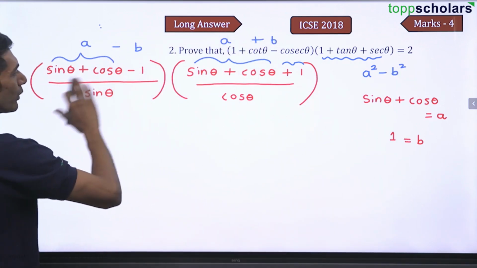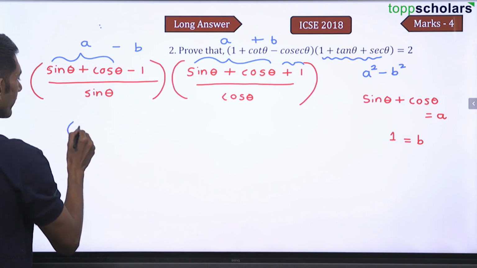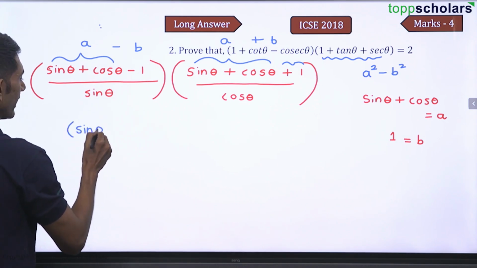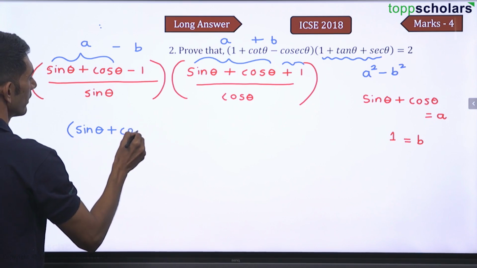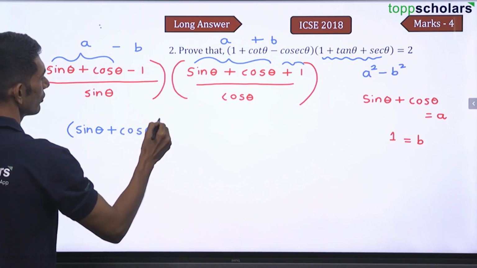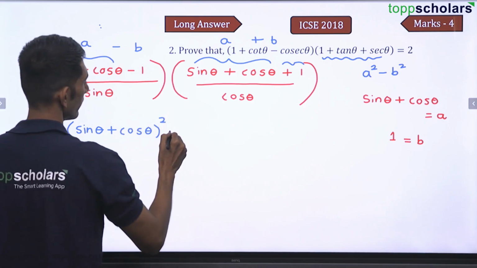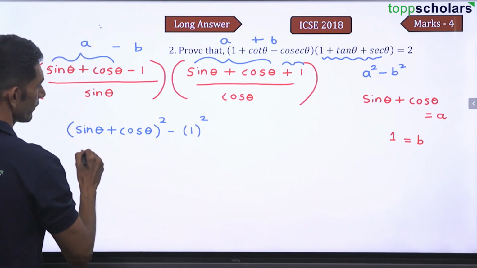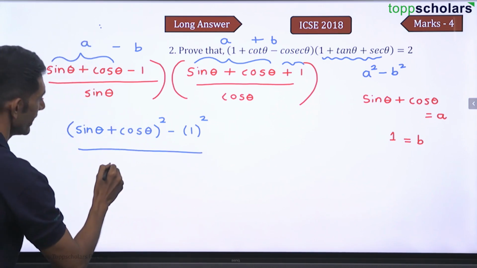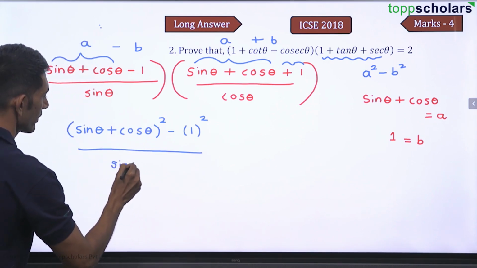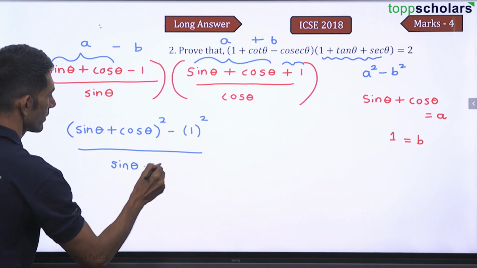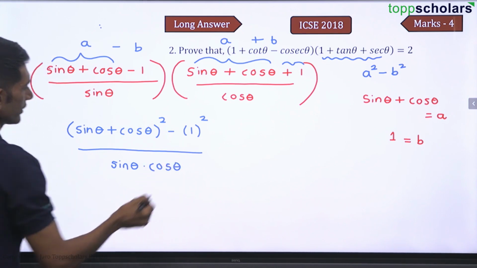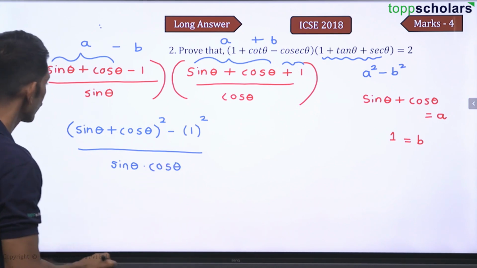So let us do that. If I do A square minus B square here, I get (sin theta plus cos theta) the whole square minus 1 the whole square, the whole divided by sin theta into cos theta. Now we can solve this further.